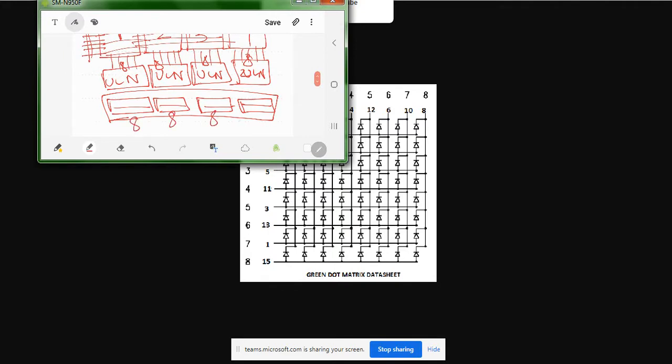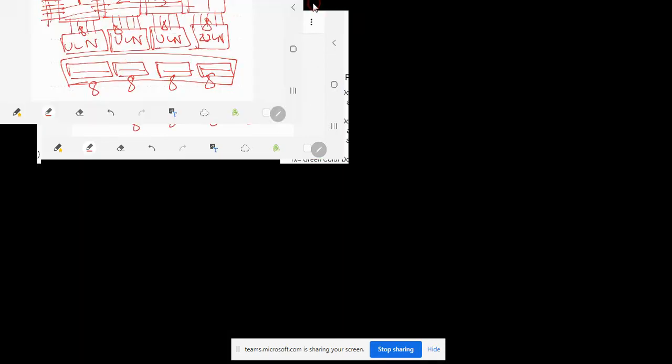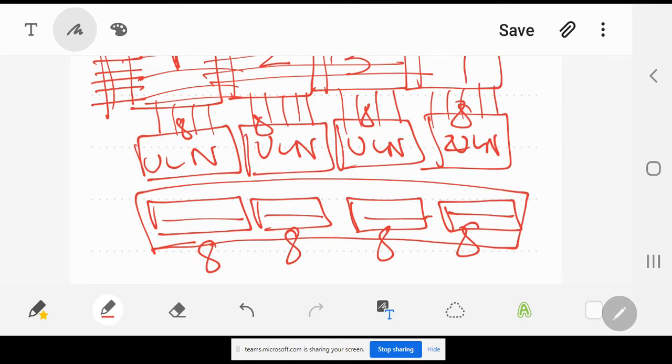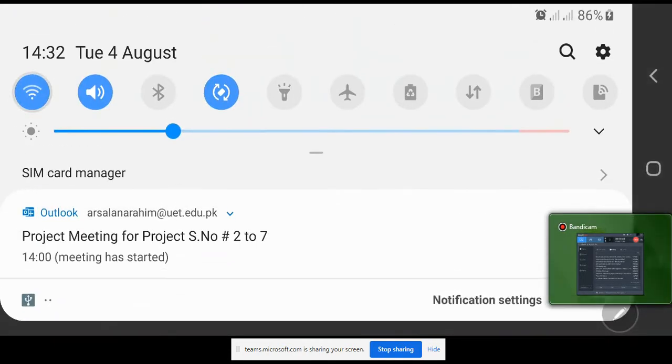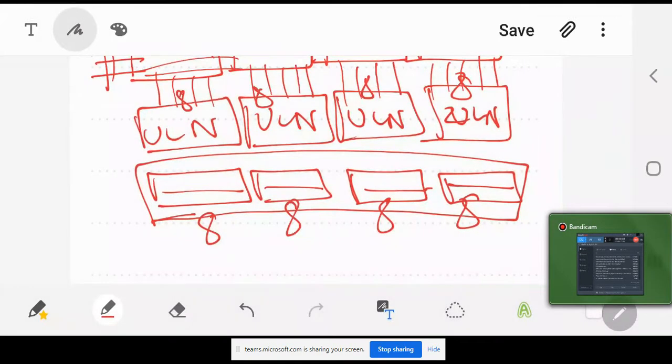Okay, so you have 8 pins here. Sorry about this delay again. Actually, let me just turn off the Wi-Fi on my mobile, because I am getting messages again and again.